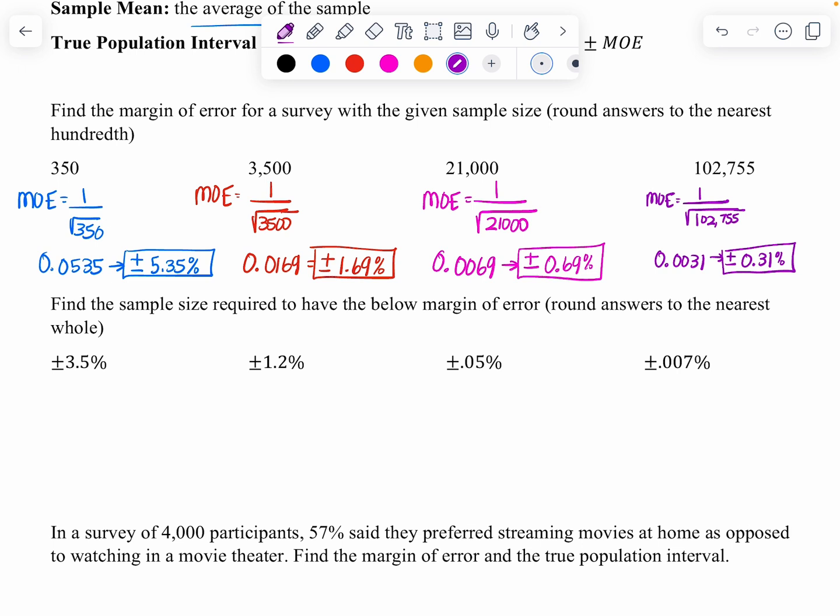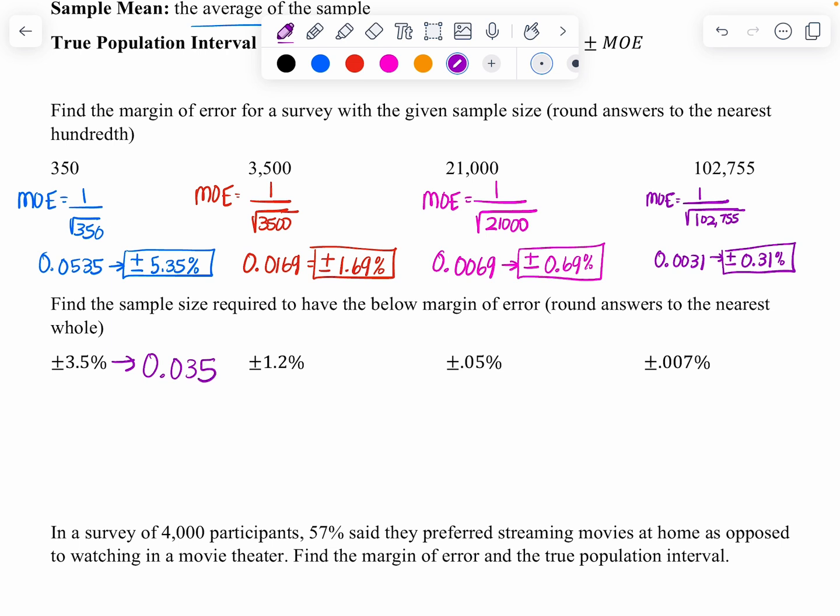So in order to do that, we're going to use that other formula. We want to find the sample size based on the margin of error. So the first thing we need to do is go ahead and change that margin of error to a decimal. So 3.5% is 0.035.